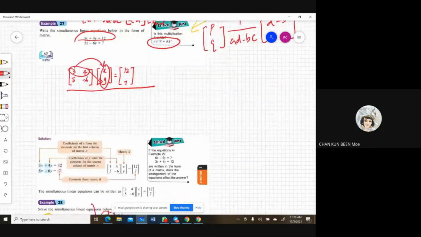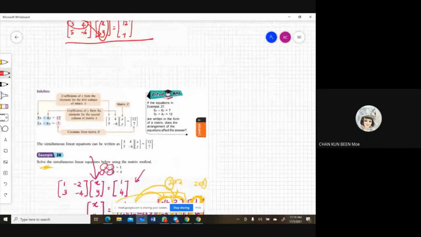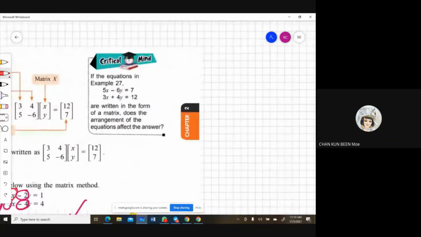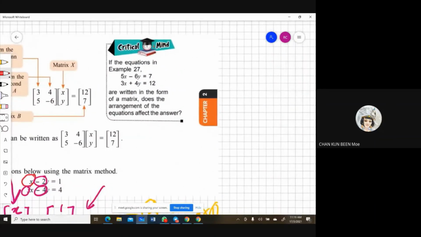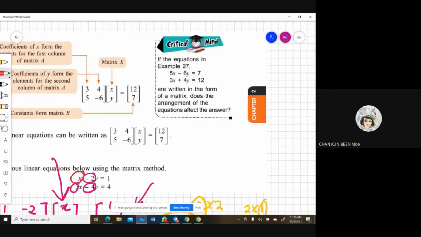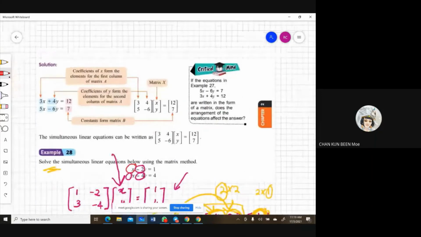Now we look at the next critical mind question. If the equations in example 27, 5x minus 7y equal to 7 and 3x plus 4y equal to 12, are written in the form of a matrix, will the arrangement of the equations affect the answer?